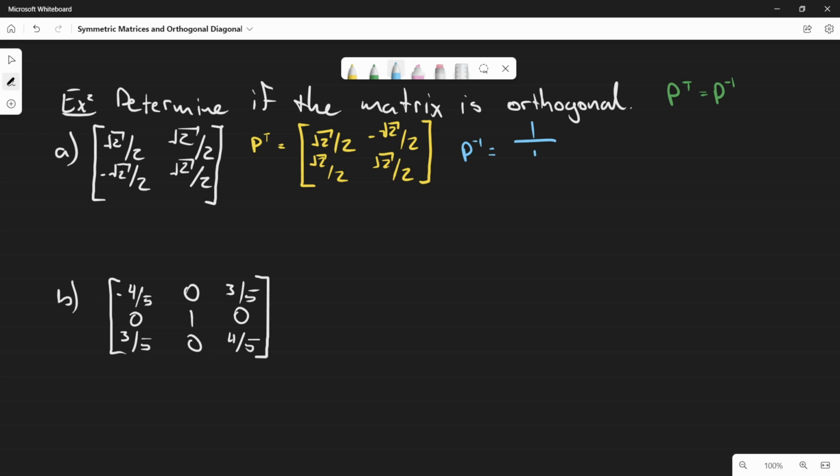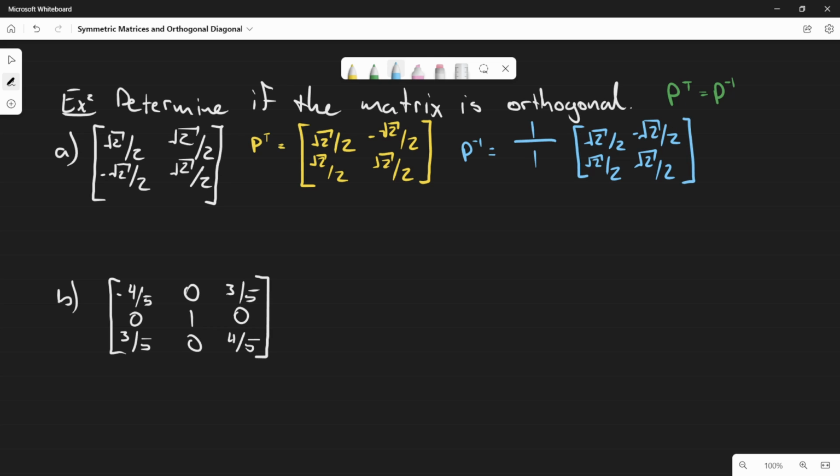So we have 1 over 1 times the matrix. Remember, we exchange the places of the main diagonal elements, which changes nothing here, and then we multiply everything else by negative 1. So this would become negative root 2 over 2, and this would be root 2 over 2.